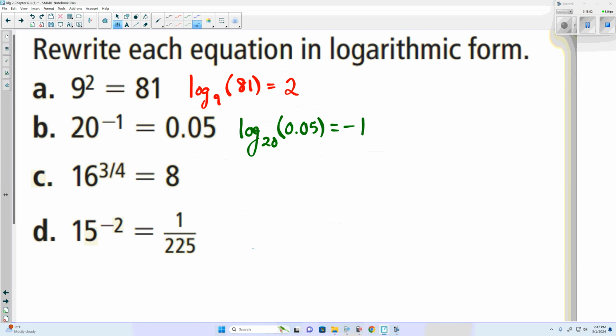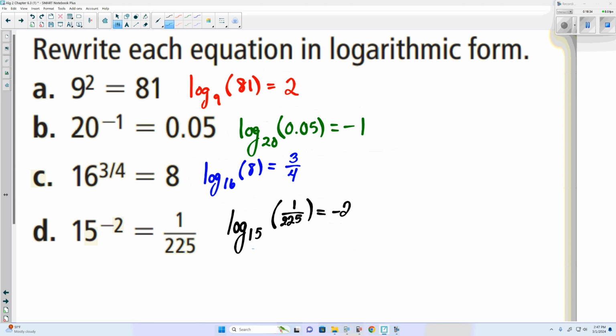C, 16 to the 3/4 equals 8. Log base 16 of 8 equals 3/4. And the last one, 15 to the negative 2 equals 1 over 225. Log base 15 of 1 over 225 equals negative 2.